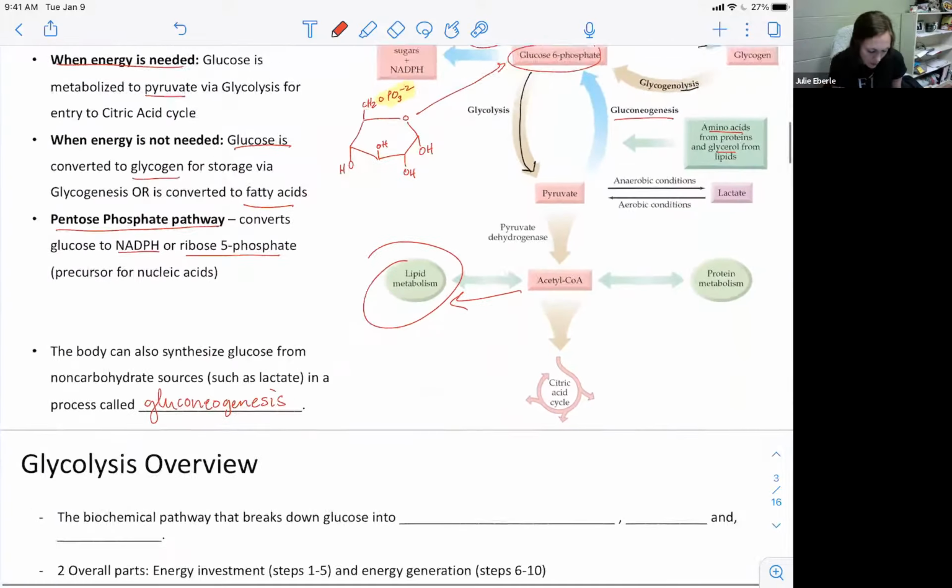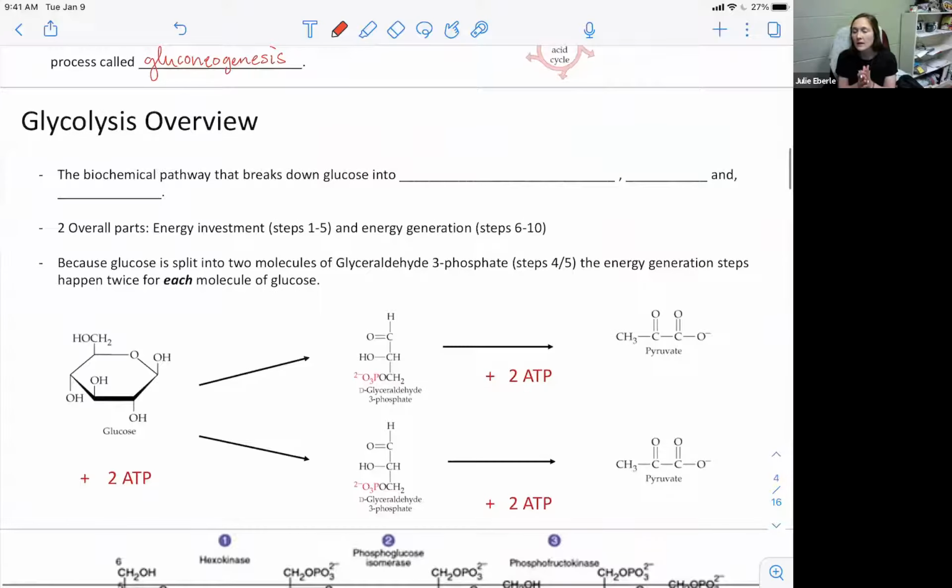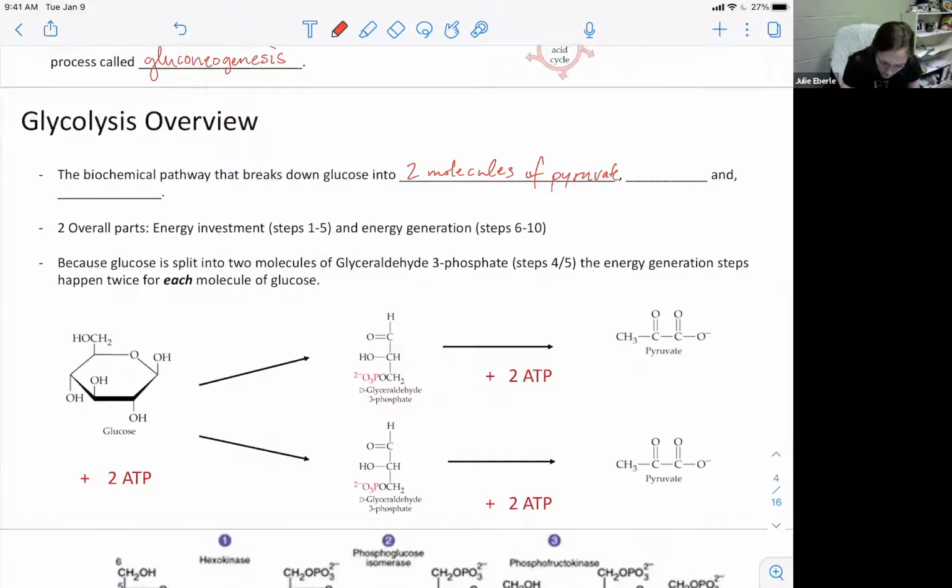All right, so let's talk about glycolysis. Glycolysis is the pathway for glucose metabolism. It's the biochemical pathway that breaks down glucose into what? 2 molecules of pyruvate. And then we also get 2 NADH, and we get 2 ATP.